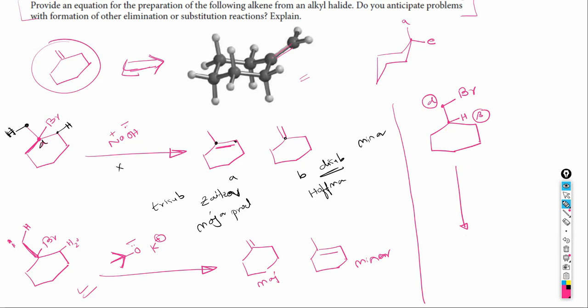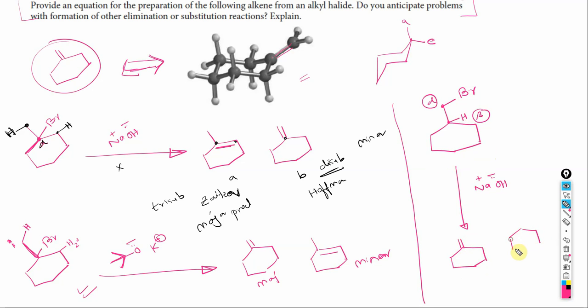That's alpha, beta. Therefore, if you treat this with even sodium hydroxide, a smaller base, you don't need to waste a bulky base on this. The small base is going to abstract that proton, the only hydrogen that is there, and therefore there is only one product you will get. You will not get multiple products, and that's going to be just this.